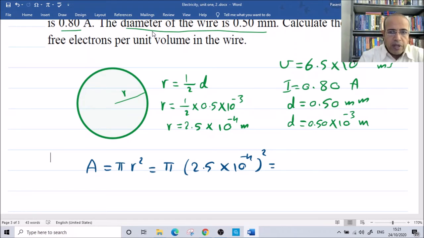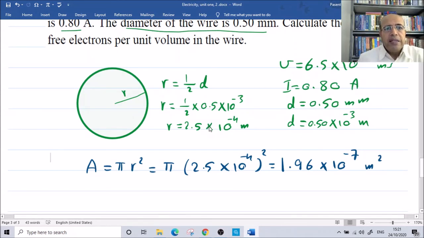So it's pi times open bracket 2.5 times 10 to the power negative 4 close bracket squared. The answer is 1.96 times 10 to the power negative 7 meter squared.